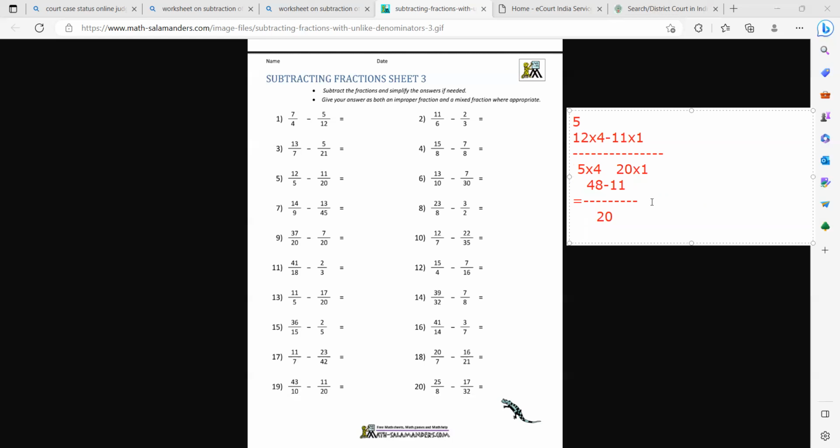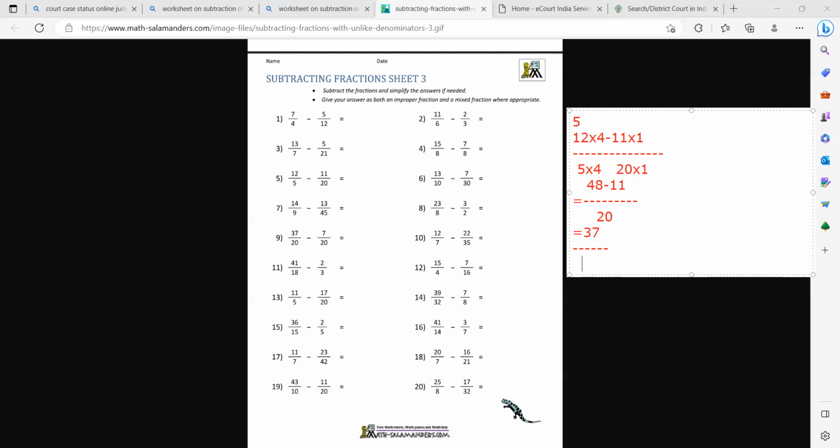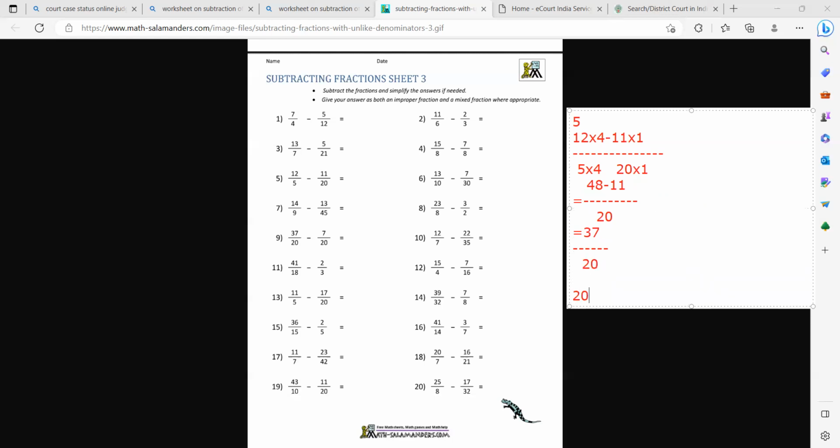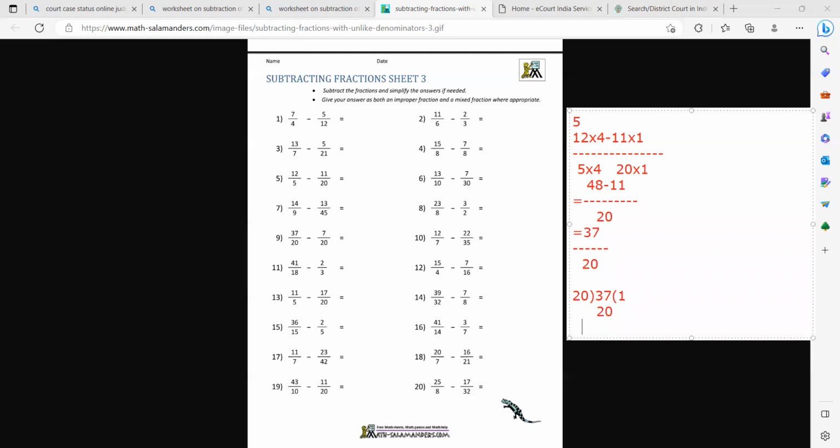The answer will be equal to 37 divided by 20. Obviously, 37 and 20 cannot be divided by the same number. So what we need to do? Divide 20 and 37, which will give the answer as 1 whole 17 by 20.